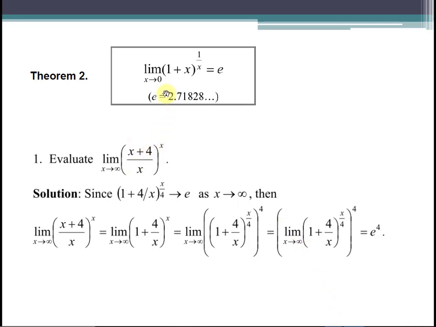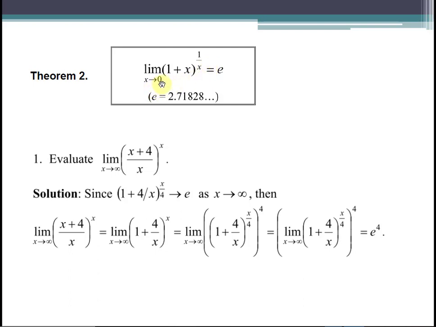So we can do it for infinity. The limit as x tends to infinity, and now we have just 1 plus 1 over x, to the power of x. If we put 0, for example, in this case, 1 plus 0 is 1, and 1 over 0 is infinity. So it is 1 to the power of infinity, an indeterminate form.